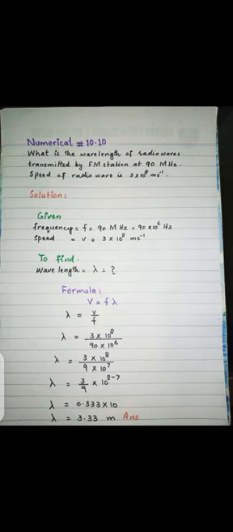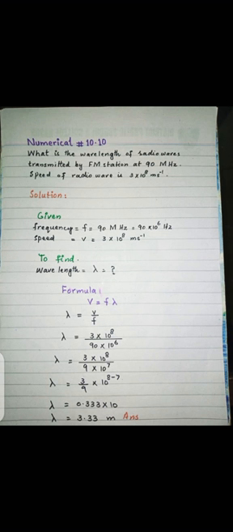Now girls, come toward the numerical number 10.10. This is the last numerical and the statement is, what is the wavelength of radio waves transmitted by FM station at 90 megahertz? Speed of radio waves is 3 multiplied by 10 raised to power 8 meter per second.